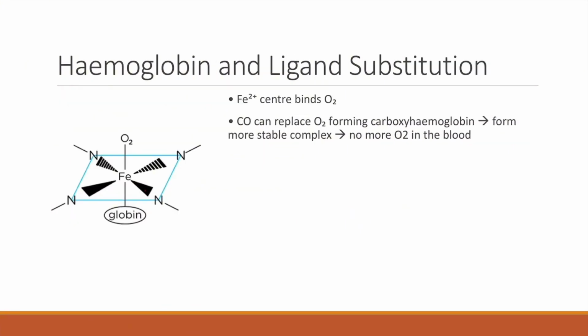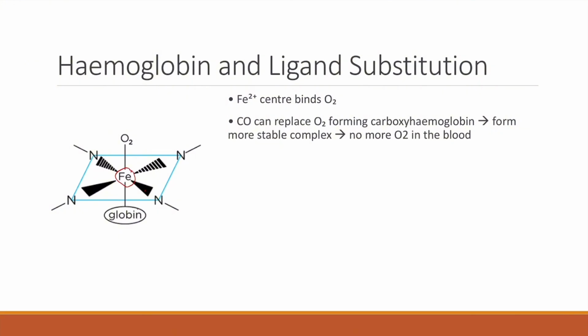Hemoglobin inside our body is a complex ion as well, which is formed of a central ion of iron 2 plus, and the iron 2 plus has around it six coordinate bonds coming from three different ligands. Four of these will come from the same molecule called the heme.